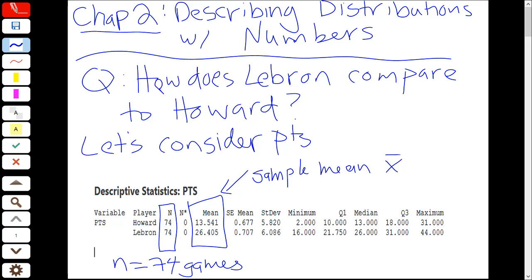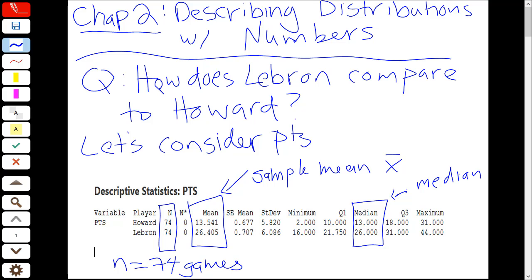This is going to be a great way to measure the average points per game. Now let's look at median points per game. This is another way to measure the center, and I'm going to tell you about that in a little bit. But this is going to be the median.